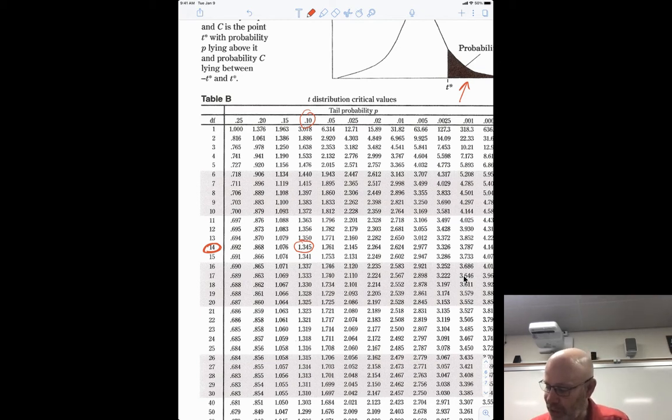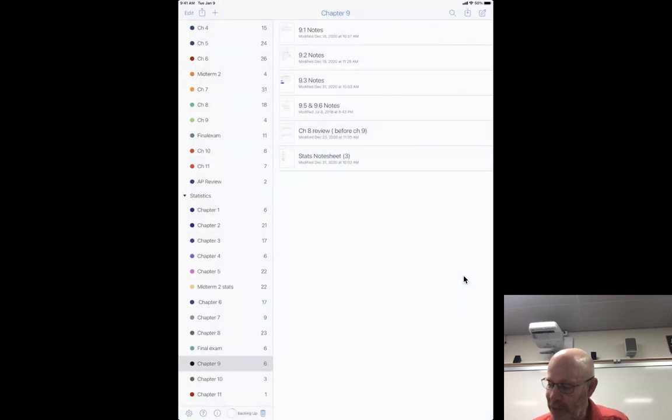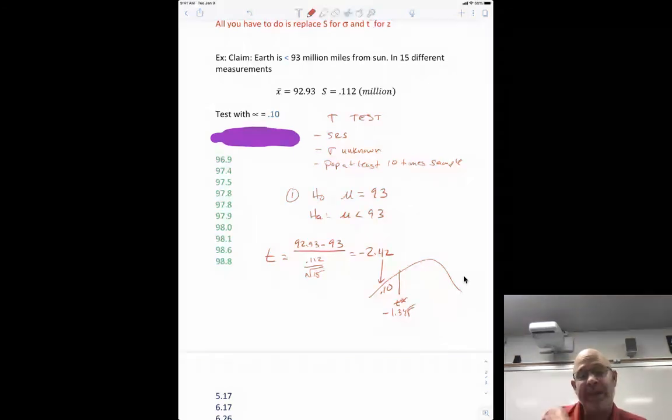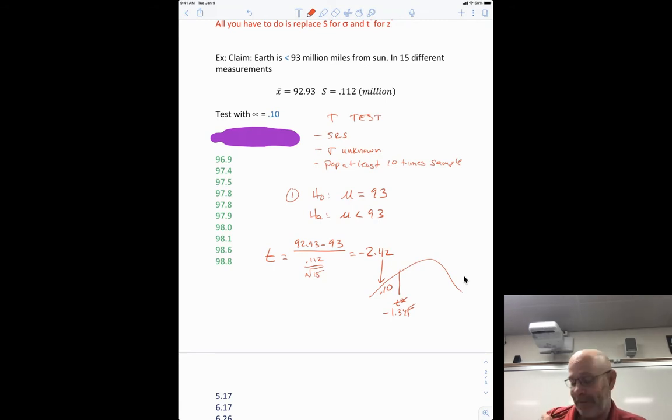So that's using the chart. Negative 1.345. So notice that it has moved from where it would have been if all 10% would have been over there, which would be 1.645, right?